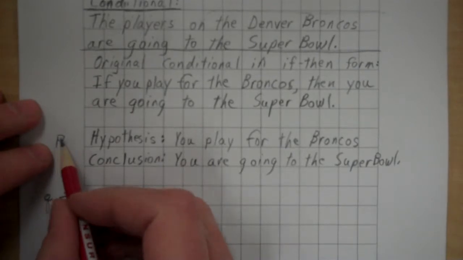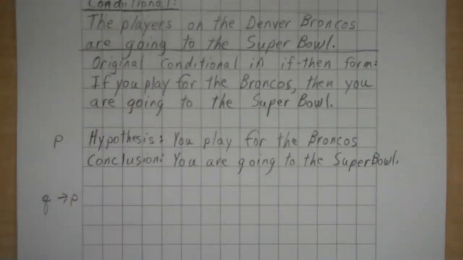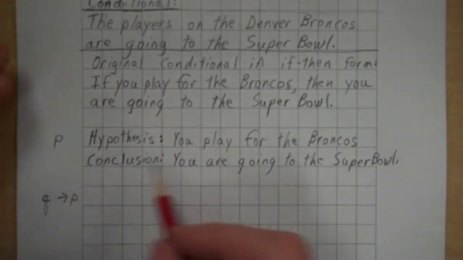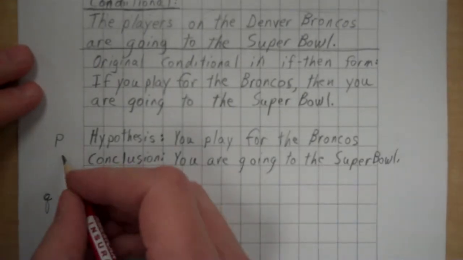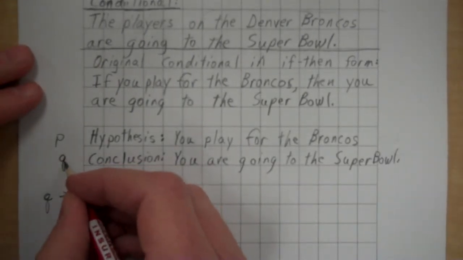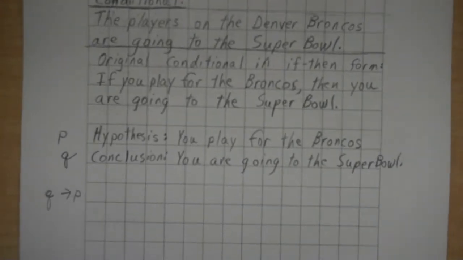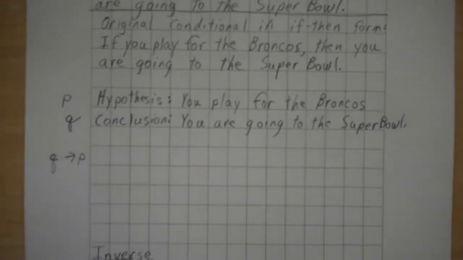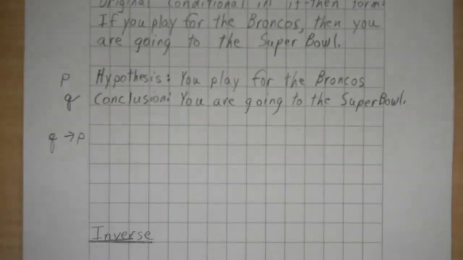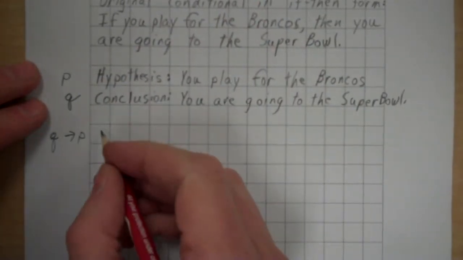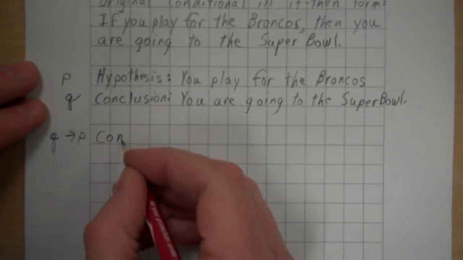Now, a lot of times P will be used to represent the hypothesis, and Q will be used to represent the conclusion, just like variables, but they're variables for words. And the first related conditional we have with this is called the converse.